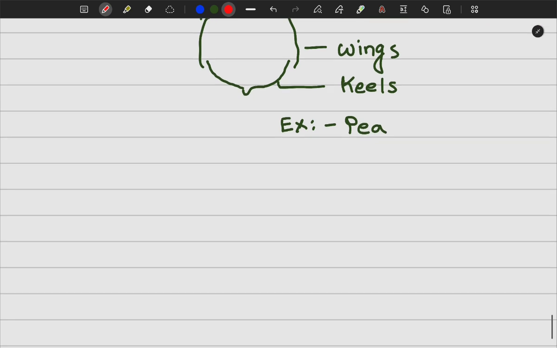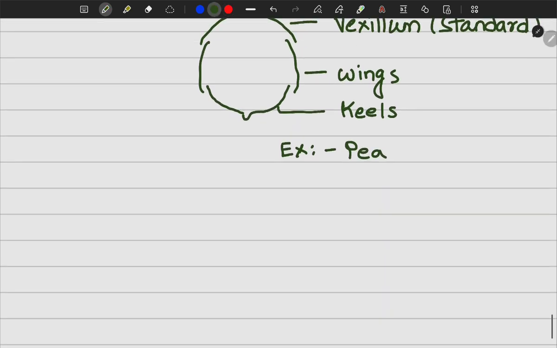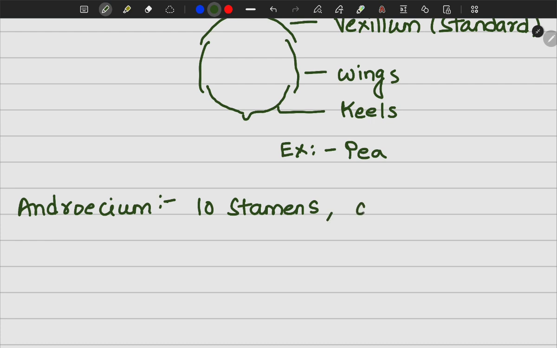Now let us talk about the androecium. In the case of androecium, in Fabaceae family, 10 stamens will be present. Okay, and the stamens will be diadelphous.